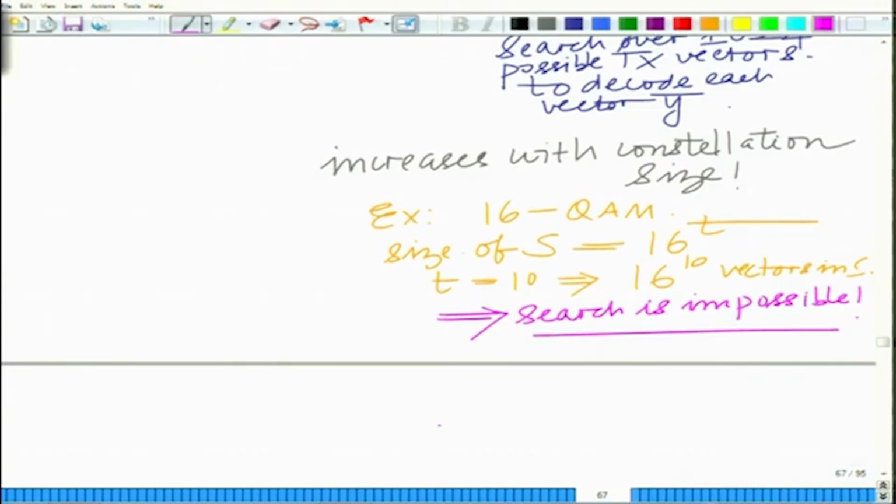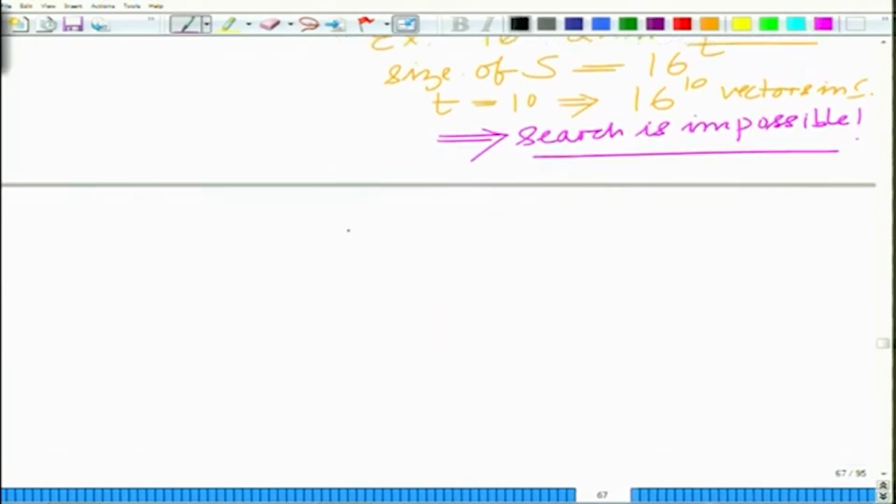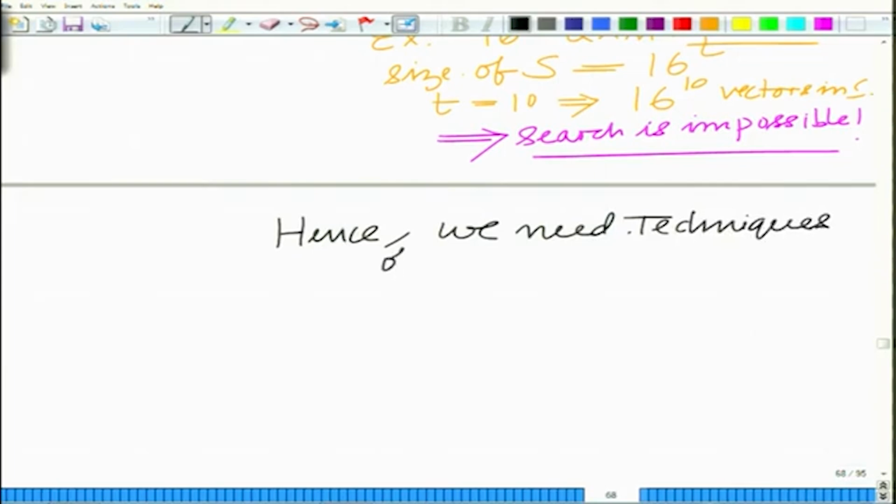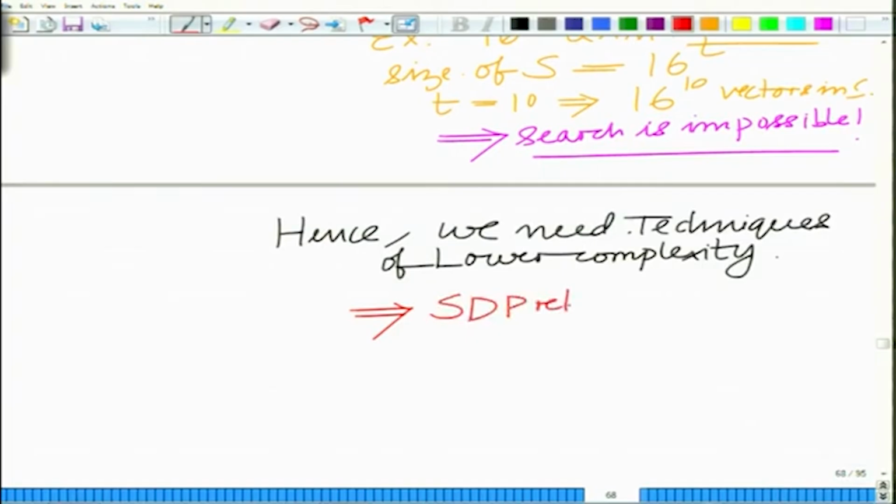Therefore, we need to come up with low complexity techniques, and one such technique is what is termed SDP relaxation.